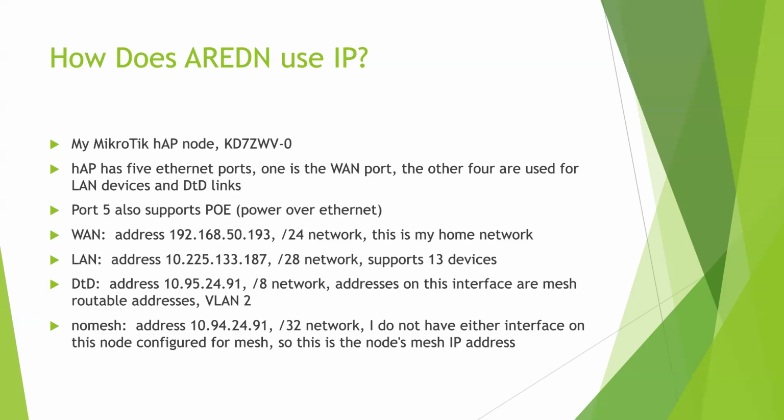That leaves 14 host addresses. One of those is used by the AREDN node itself. I have 13 available for anything that I want to plug into it. And then the DTD is a /8 network, 10.95.24.91. That's assigned automatically by the node based on its own MAC address. And any addresses on that interface are mesh routable addresses.